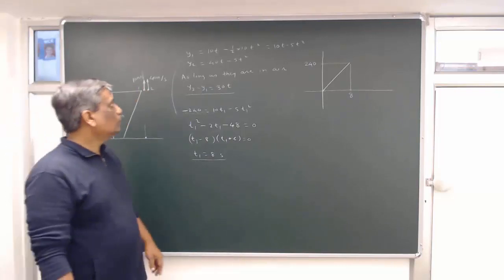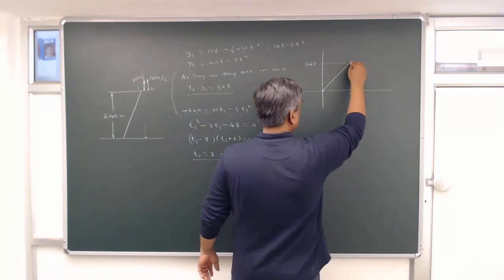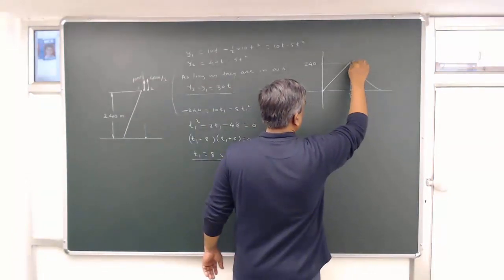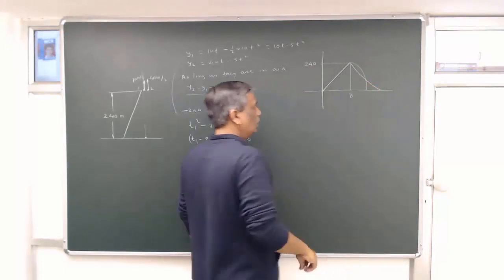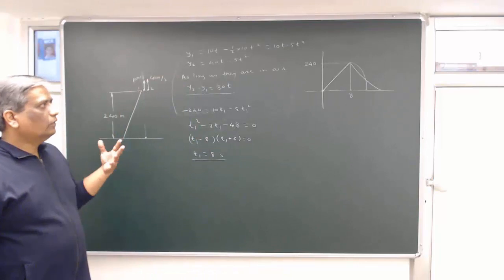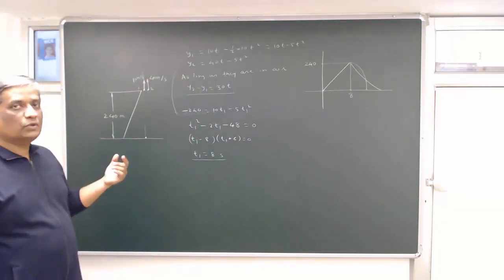So now there are two options. I am going to discuss both of them. One is like this and another is like this. So now let us logically argue this. I can mathematically prove it to you, but it is always good to use logical argument, because in competitive exams we don't have much time.